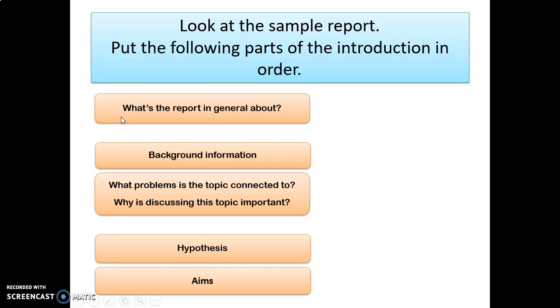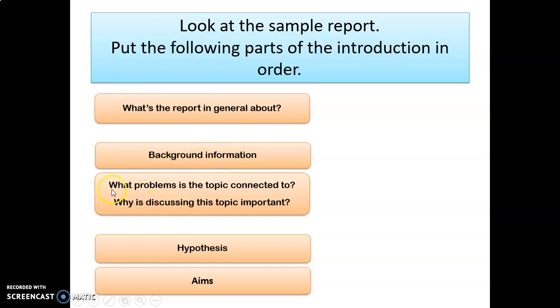So you can write something like, this research is concerned with, or this report looks at, or focuses on. Then you talk about the background information about the topic, what is known about the topic, something to inform your reader about.